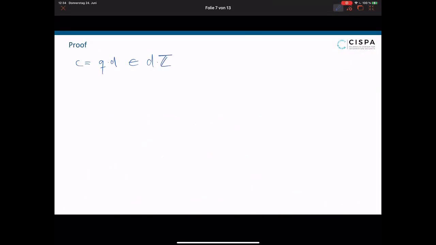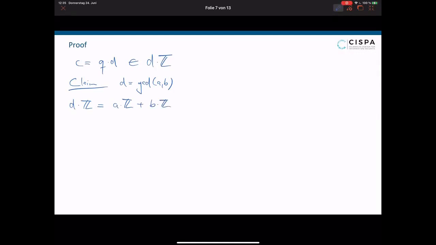Okay, so now I'm claiming, and that's going to be a simple claim, d is the GCD of a comma b. So we had that d times Z equals a times Z plus b times Z, right?